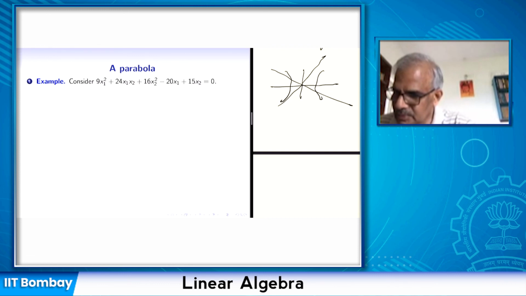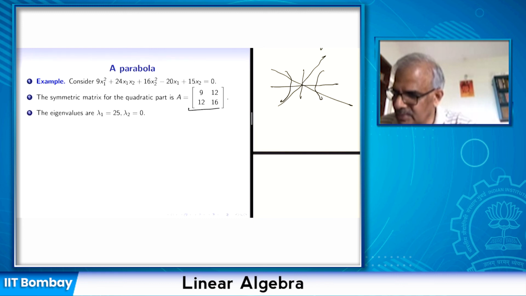So consider this equation: 9x1 square plus 24x1 x2 plus 16x2 square minus 20x1 plus 15x2 equal to 0. Same procedure, we will write this in matrix form. So look at the quadratic part and write the real symmetric matrix which represents this quadratic part.